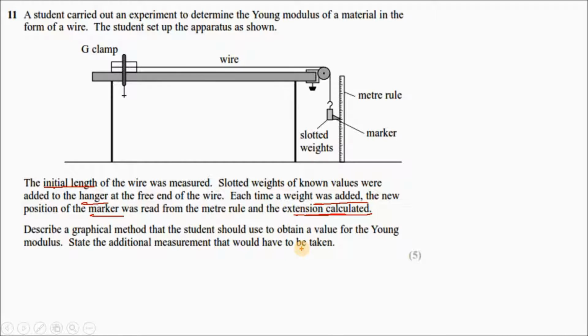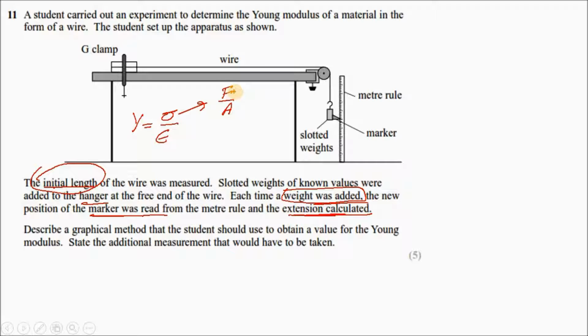Okay, so if you see, they have said that we have initial length and we are adding additional weight. So we are measuring hanging mass, and then the new position was read. That means extensions are also mentioned here. What is not mentioned is the area, because you know that the Young modulus is stress upon strain, and stress is force per unit area.